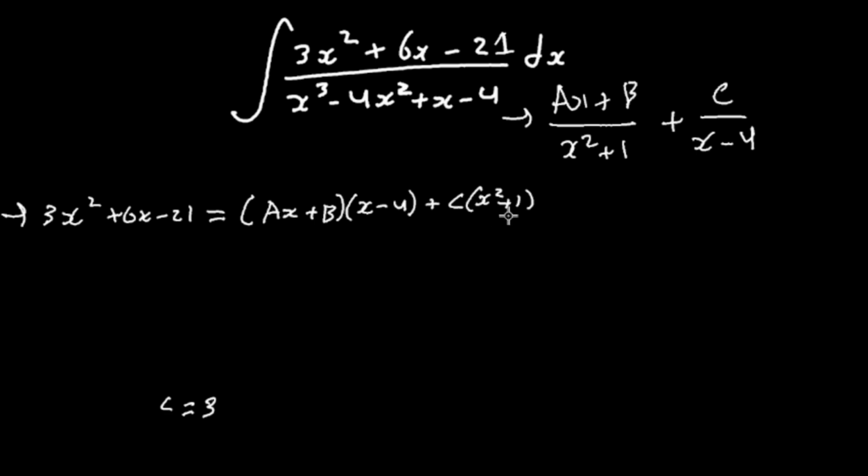So here, this other term with c, we can't make that go to 0 because there's nothing we can substitute into that to make x squared plus 1 equal to 0. Instead, what you do is once you found all of your coefficients from the linear terms, here we only have one, you want to substitute in whatever those values are, and then you can solve for the constants for your irreducible quadratic term.